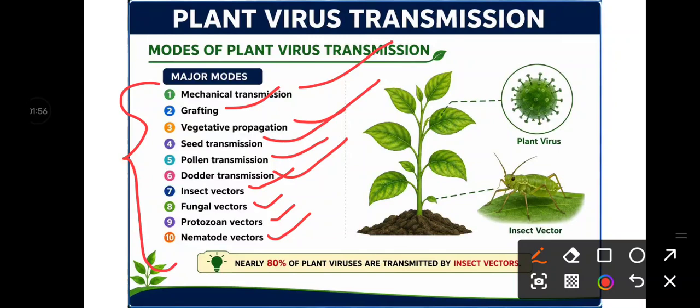Among all these modes, the insect vector contributes around 80% of viral transmission. So the major mode of viral transmission is the insect vectors. Let's discuss all these major modes one by one.